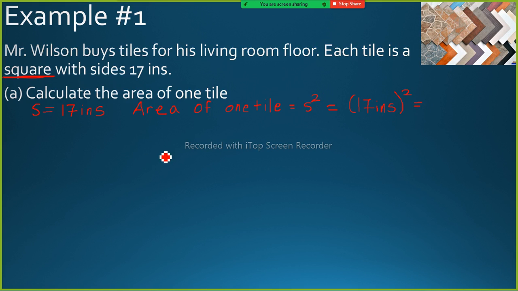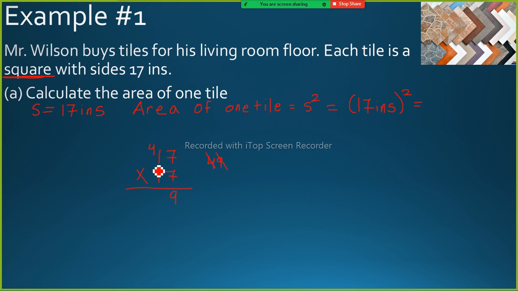So if we do 17 times 17, let's multiply that. We know 7 times 7 is 49. So we put the 9 down and the 4 above.